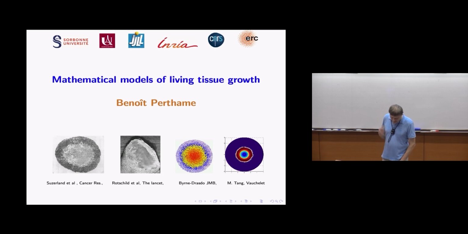And these pictures you see here represent tumors. On the left, you have two cuts of organs with tumors. On the right, you have two numerical simulations of growing tumors.